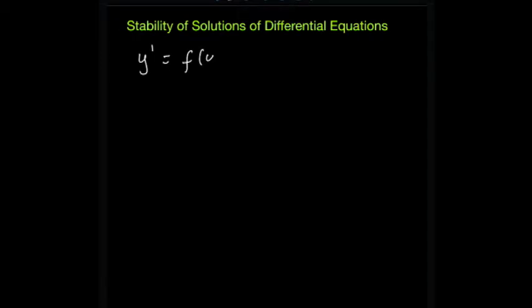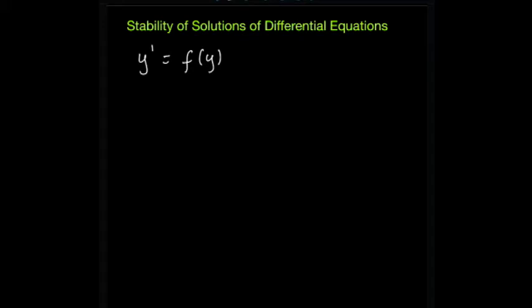Okay, so to find the stability of a solution of a differential equation, we will be given a differential equation in this form, y prime equals f of y. For now we're going to focus only on separable differential equations.